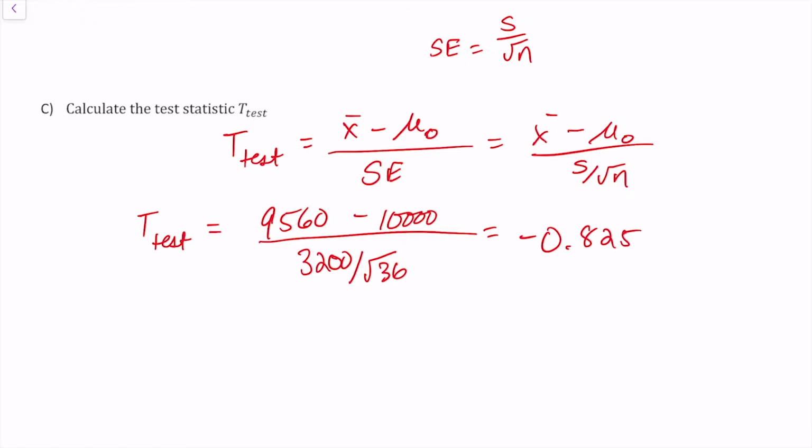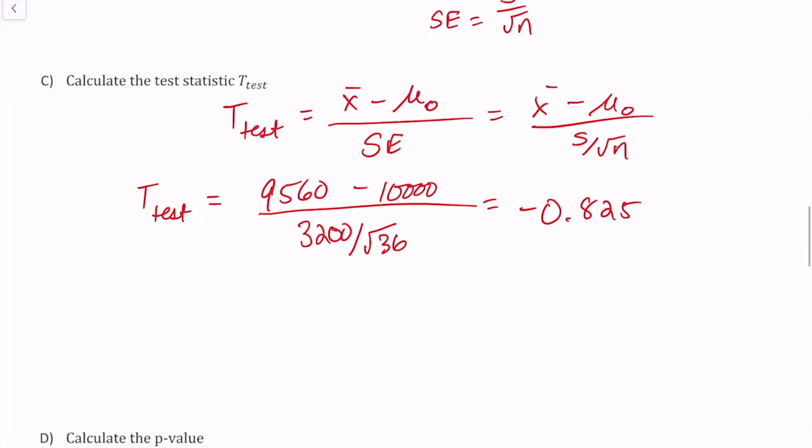What does this mean? This means that the sample mean that we got, 9560, is 0.825 standard errors to the left of the hypothesized mean of 10,000. That's what that means. So the question becomes: is that enough of a difference to reject our null hypothesis?